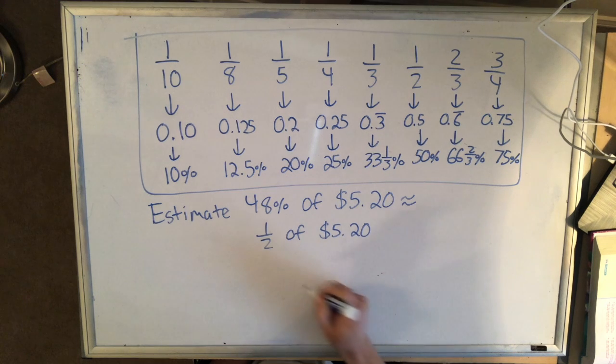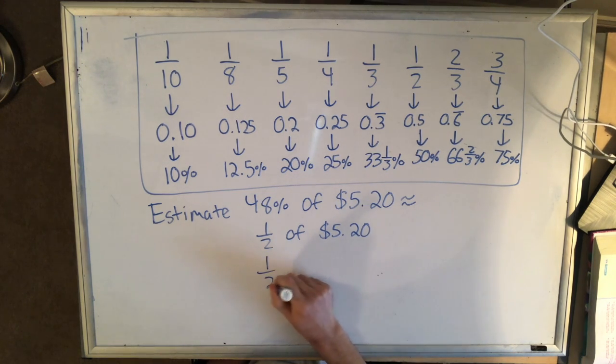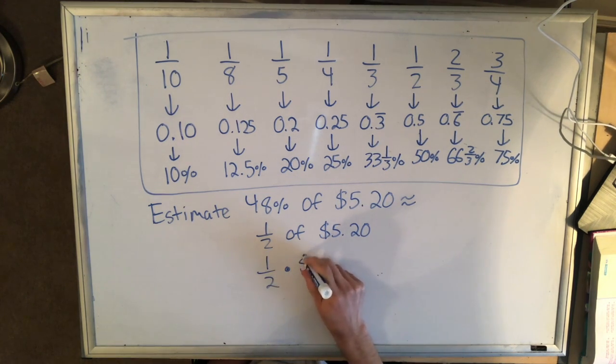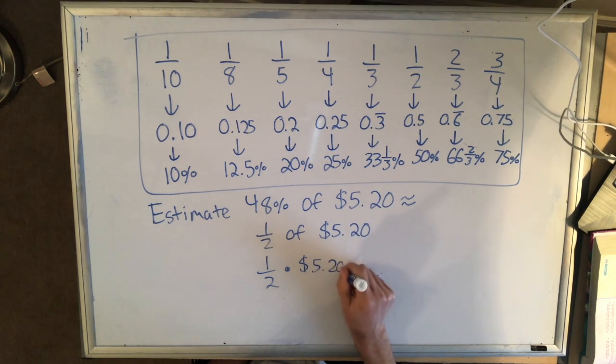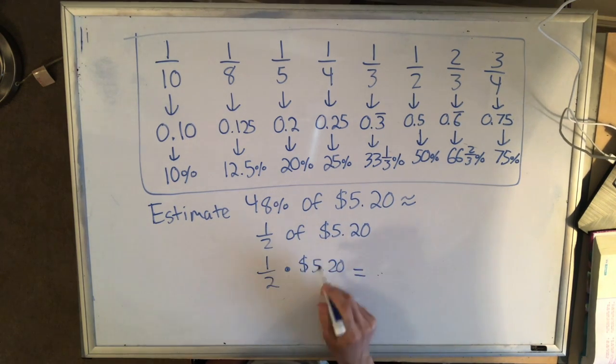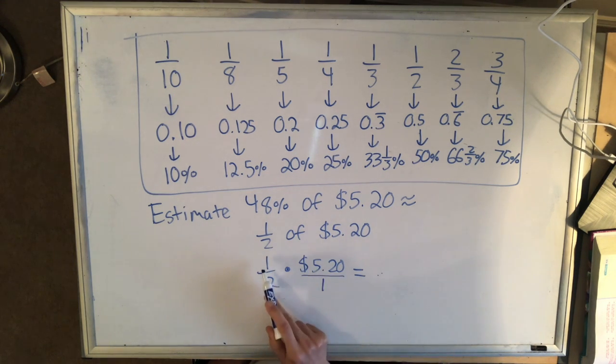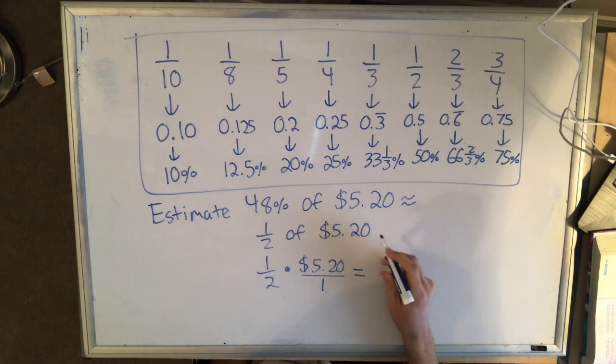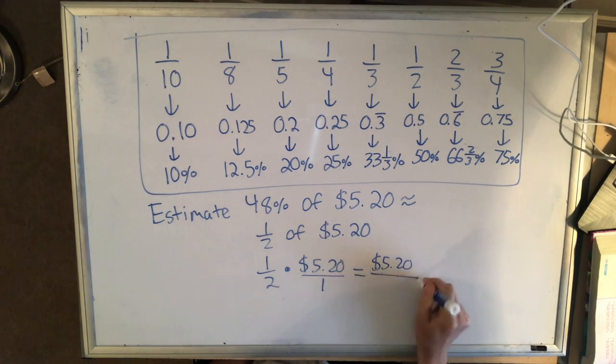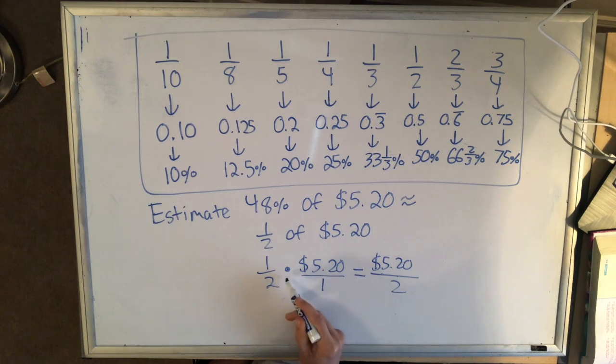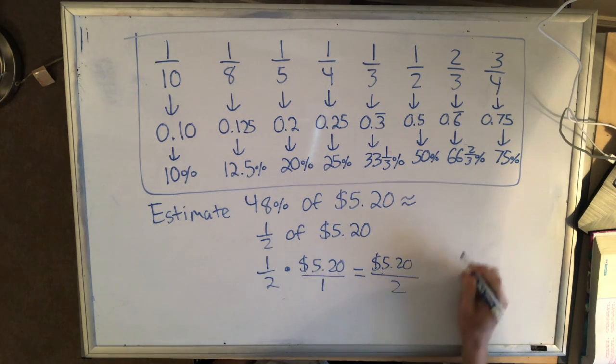Of before a number is a multiplication, so that's 1/2 times $5.20. You can make that over 1 if that helps you. Multiply the top numbers. 1 times $5.20 is $5.20. Multiply the bottom numbers. 2 times 1 is 2. So as you can see, multiplying by 1/2 is the same thing as dividing by 2.